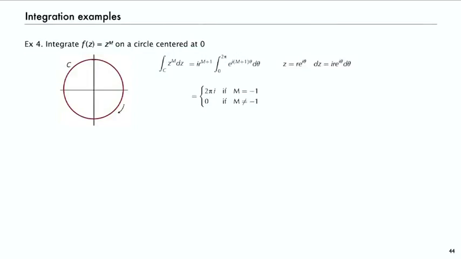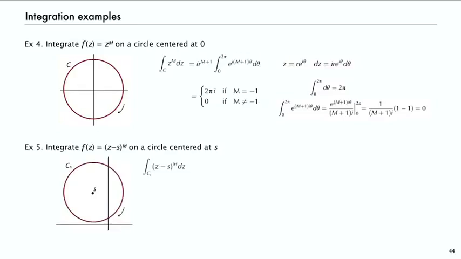If m equals minus 1, we get 2 pi i, same as before, because all that's left is the integral from 0 to 2 pi of d theta. If m's not equal to minus 1, then we're going to have the same 1 minus 1 situation that we had before, and we're going to get 0.